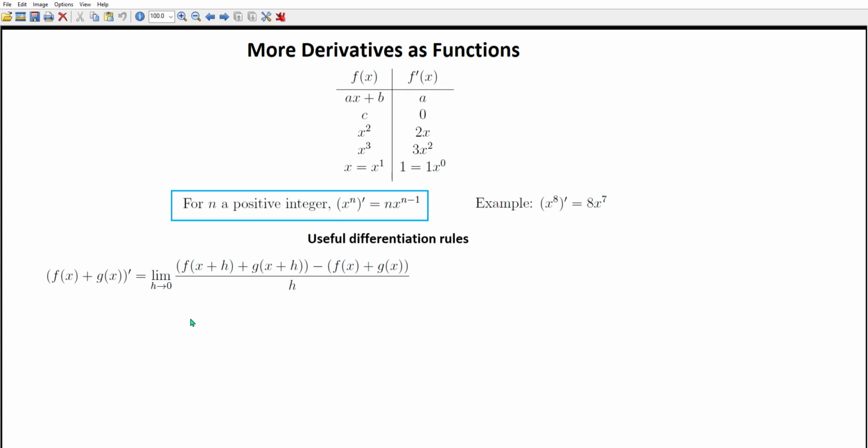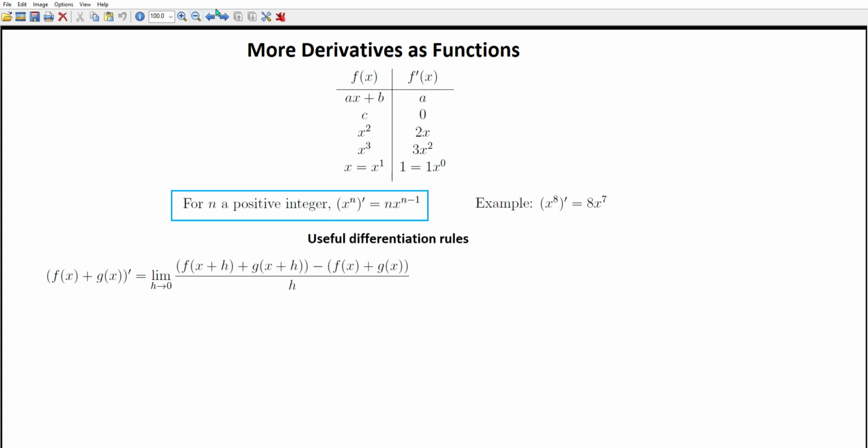Now let's look at some other rules that are going to be useful for us calculating derivatives. One of them is, what's the derivative of a sum? Now, if we just write down the definition of the derivative of f plus g, it is f of x plus h plus g of x plus h minus f of x plus g of x, over h.